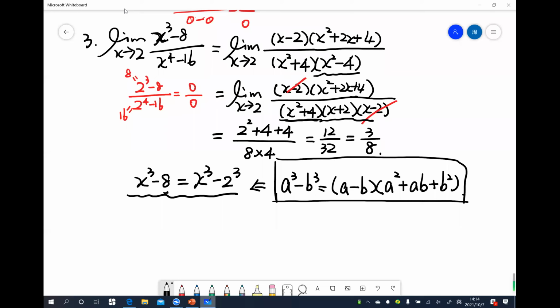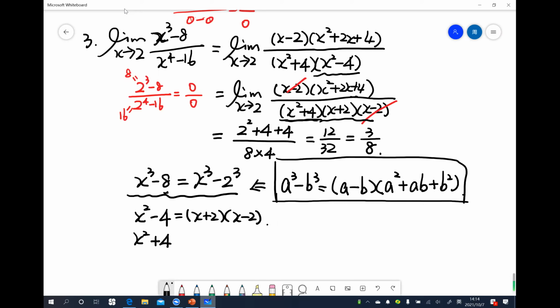Here, x squared plus 4, you cannot rewrite it in the real numbers. x squared minus 4, you can rewrite as x plus 2 times x minus 2, right? But x squared plus 4, you cannot rewrite it.